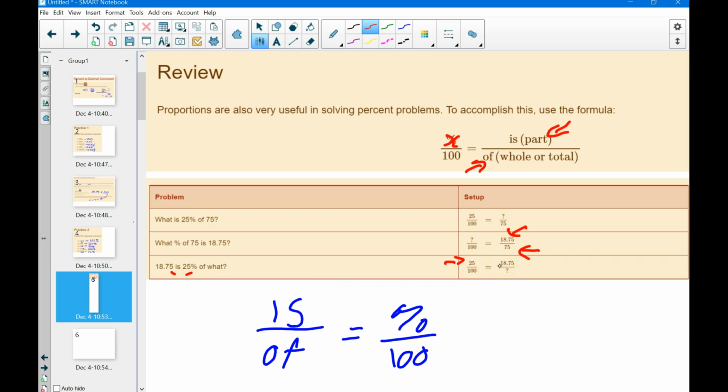I was reading that as question 18 that time. 18.75 is, and the is up here, so that goes on the top, and the x on the bottom this time. So basically, what I'm trying to show you is that you use this equation here. Everything sets up nice and easy. So that's key for proportions using percent.